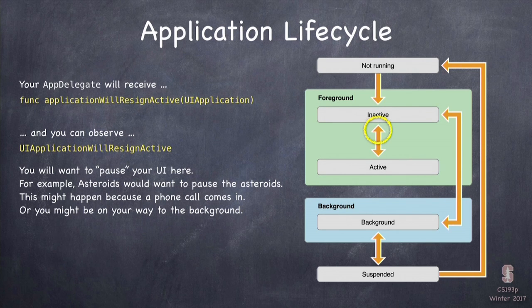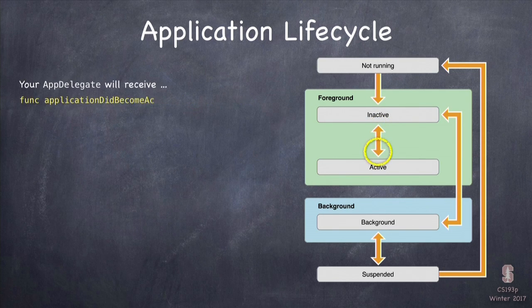Or you'll pass through this arrow on your way to the background. Someone did click on another app, and so you're transitioning back here. You still want to pause. And then you're going to go to the background. You want to clean up some more, because you might get terminated later. But it's worth pausing as you pass through here. So that's what the resign state is.